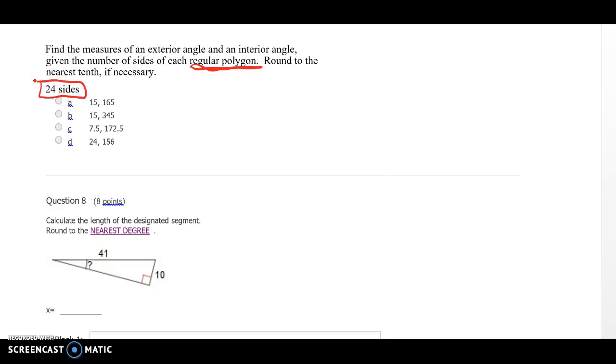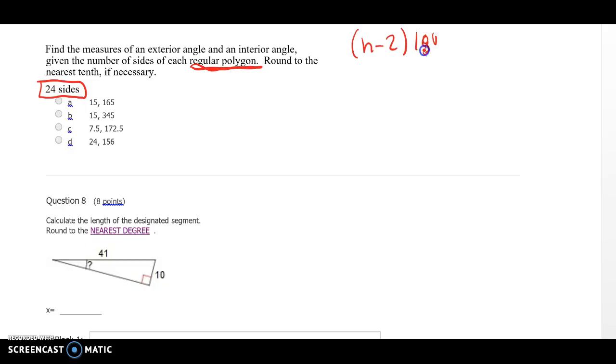So no problem. We can find the sum of the interior angles. And because all the angles are the same, you can divide by the number of angles and have the measure for each angle. Our equation for that, which should be on your formula sheet, is n minus 2 times 180.